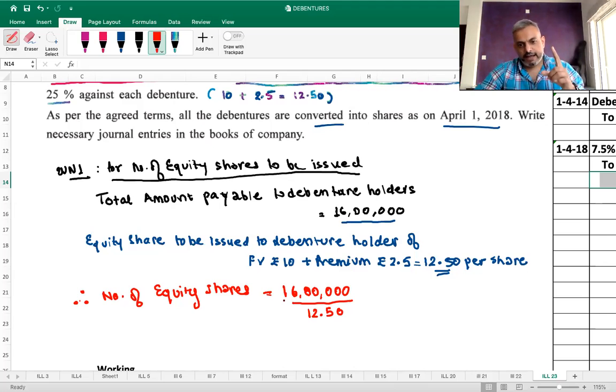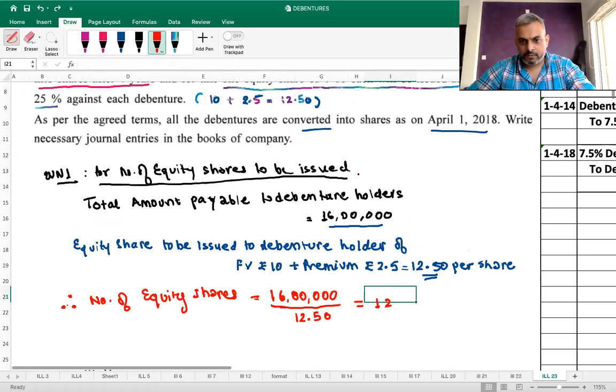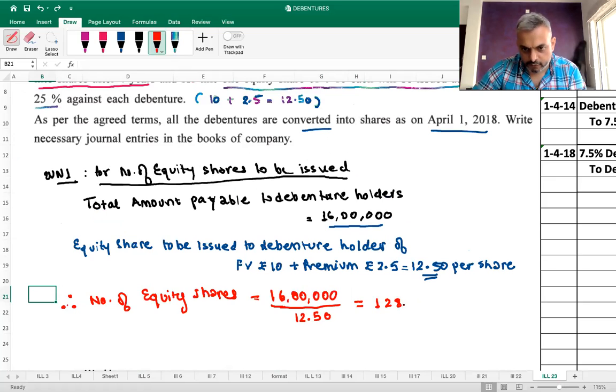So 16 lakh is what I have to pay. Against that, I'm giving an equity share of 12.5. So what will be the number of shares? So it comes to 1 lakh 28,000 shares.